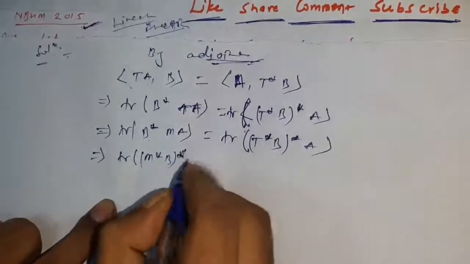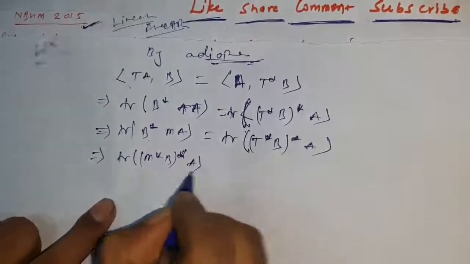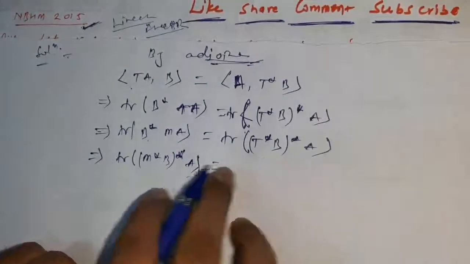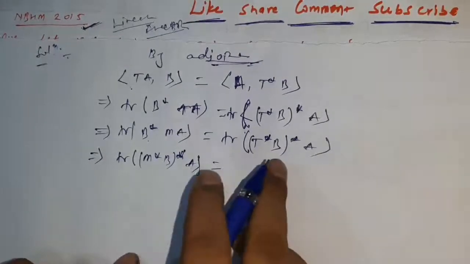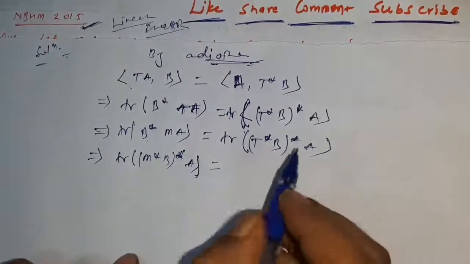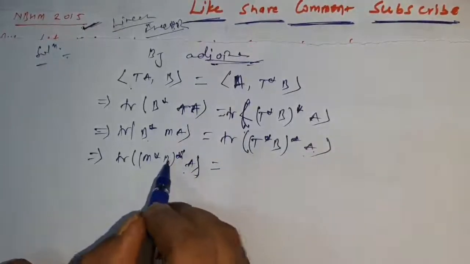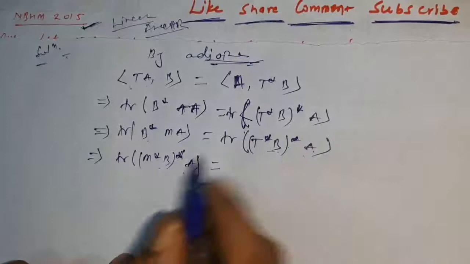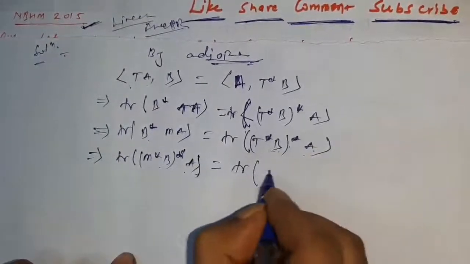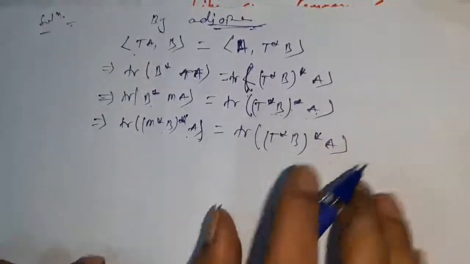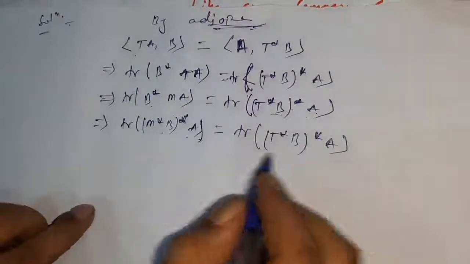Why have I written it here? Because if we proceed further, we can get it in the same way: A is on the right side in both, and both have whole star. Here there is also (T star B) whole star A. Now we apply the property of trace.